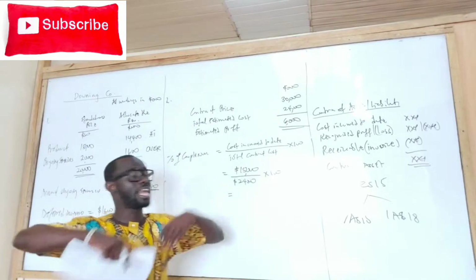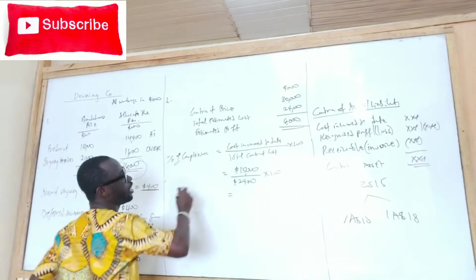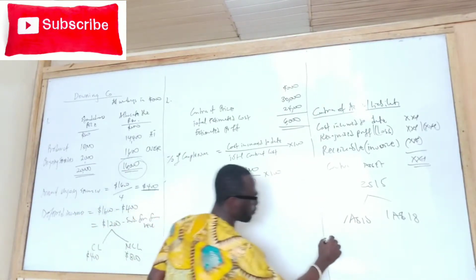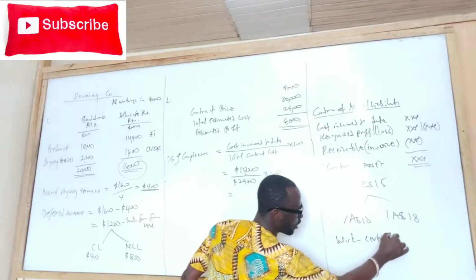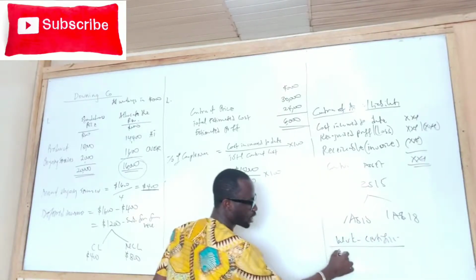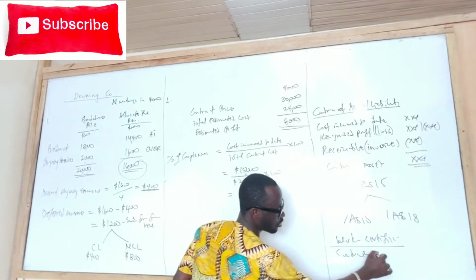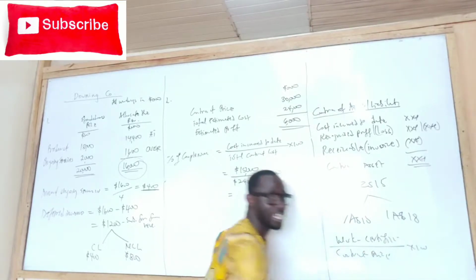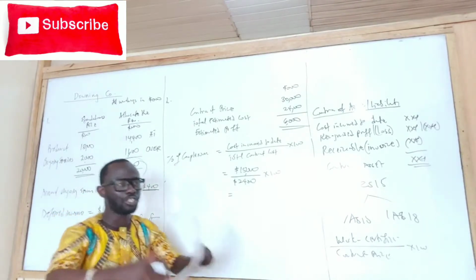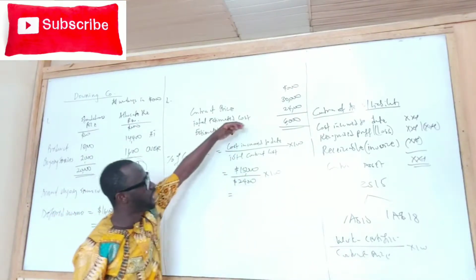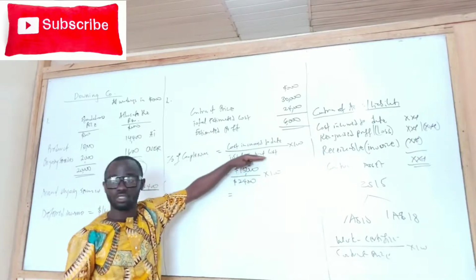If they are using the output method, that would have been the work certified divided by contract price times 100. But in this question, they said we should use the input method, so that would be cost incurred to date divided by total cost.